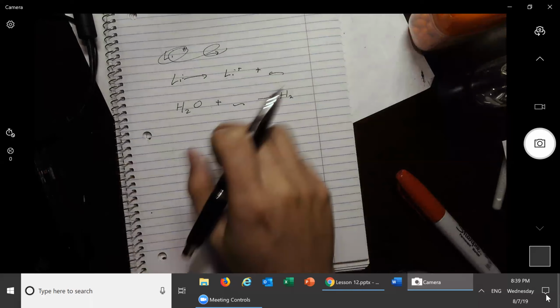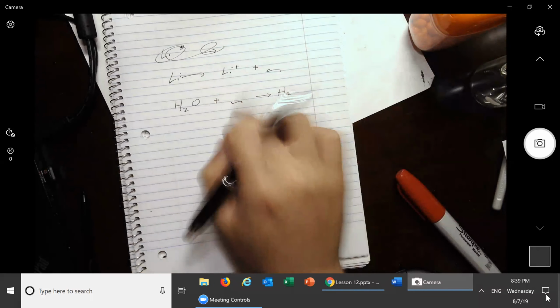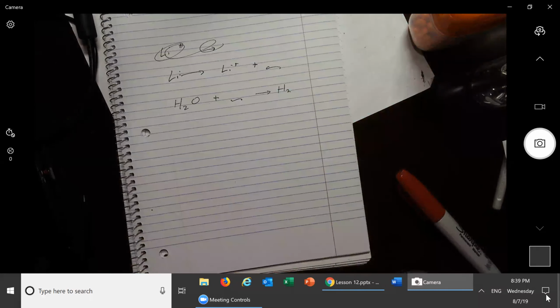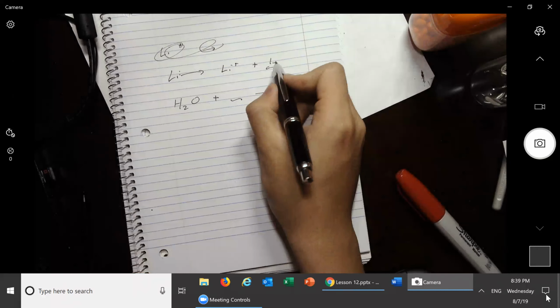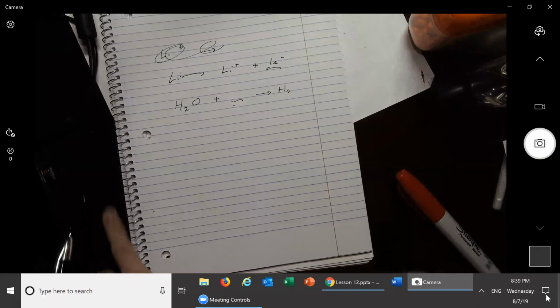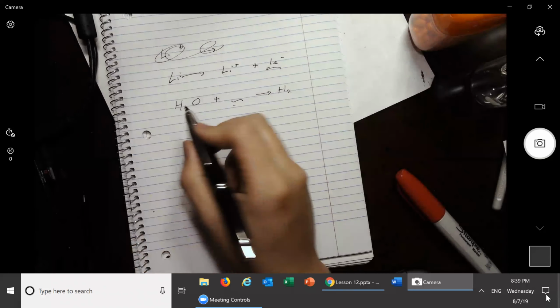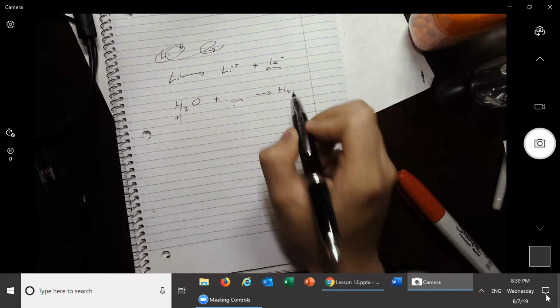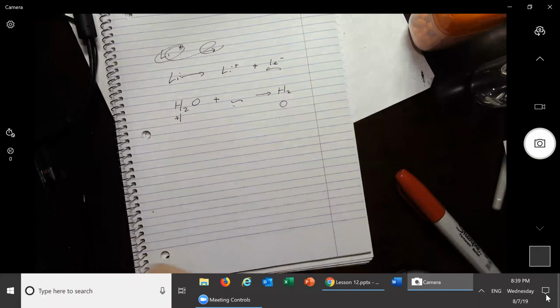Now, what numbers should I put here? So 1 e minus. What about here? This hydrogen is +1, and this one is 0.